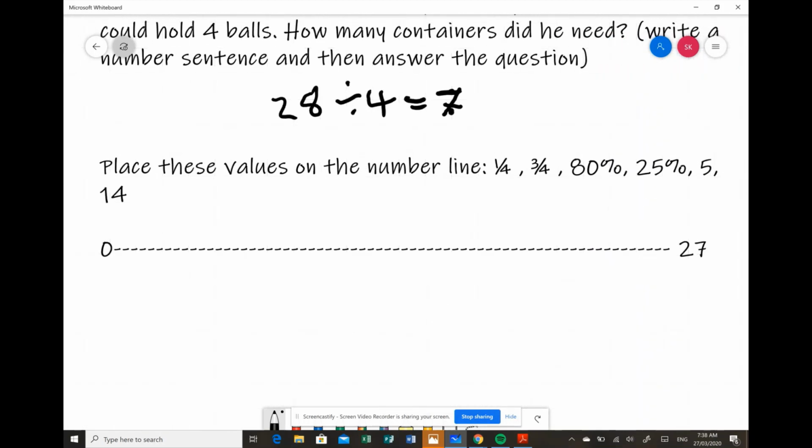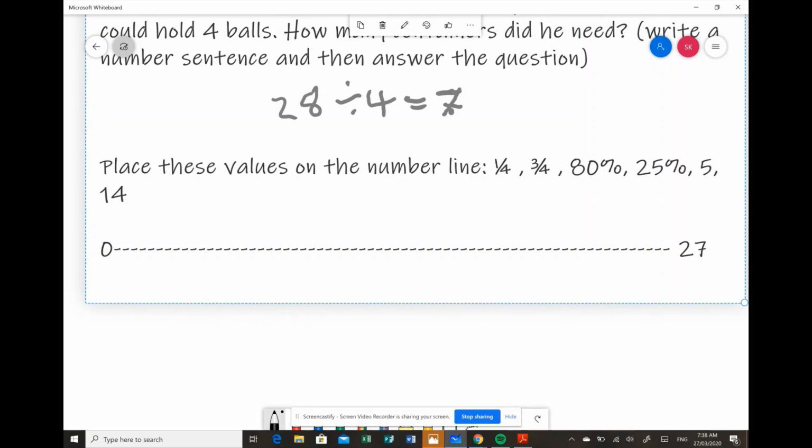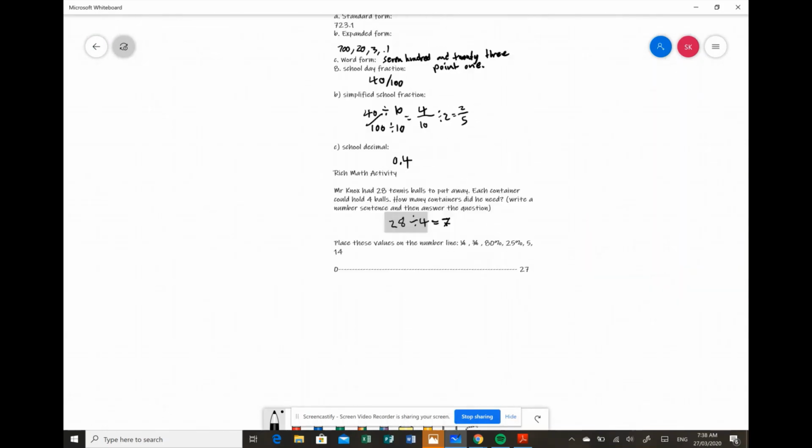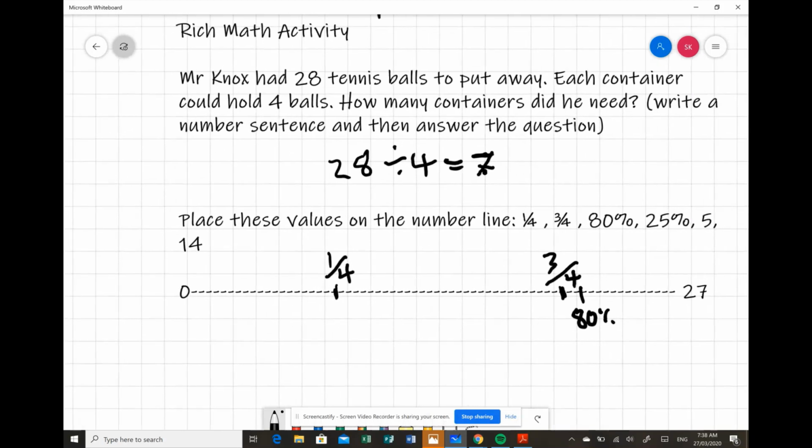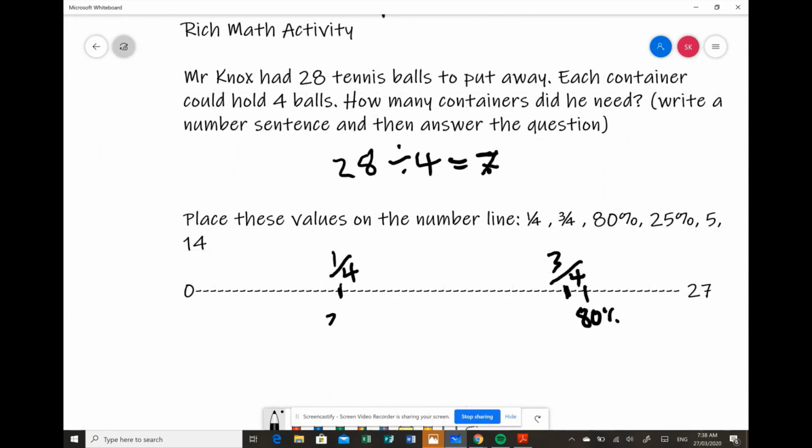Right, place these values on the number line. Okay, come back. We're going to have 1/4 around here. 3/4 would be around here-ish. 80% is going to be just above, because we know that 3/4 is 75%, and 25% is bang on 1/4.